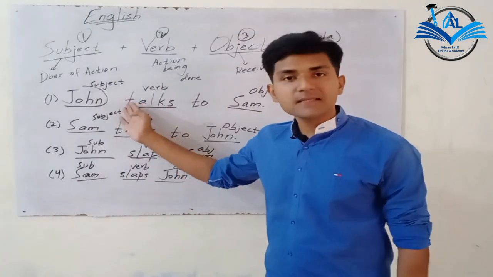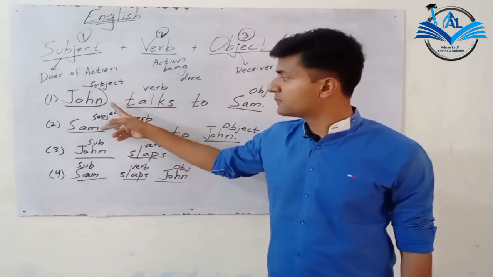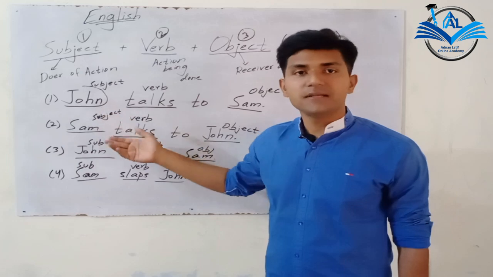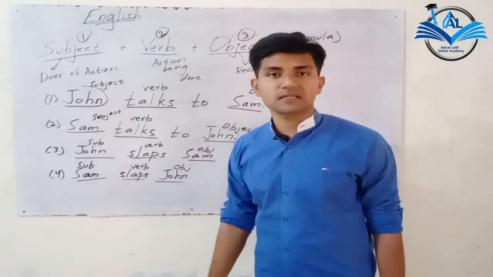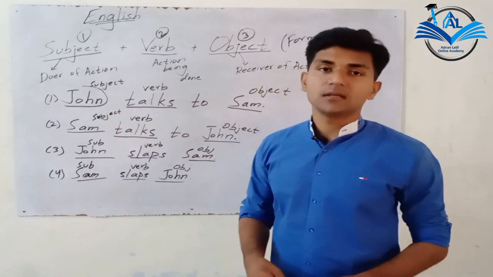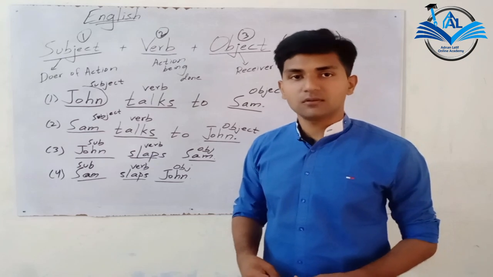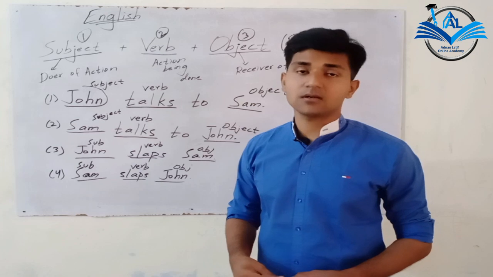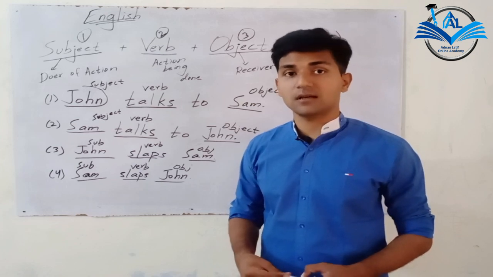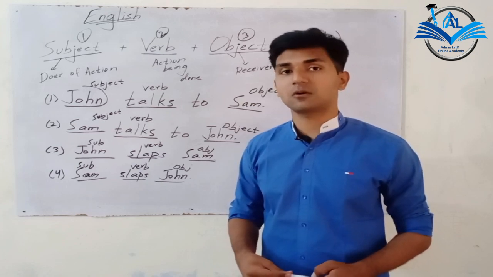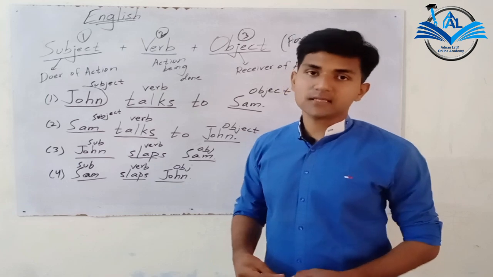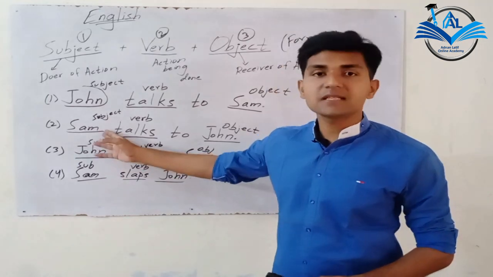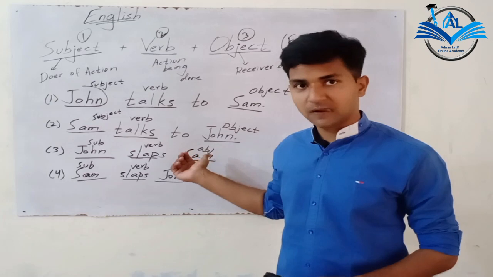So what is the difference between these two sentences? It is a very clear and easy difference that in the very first sentence, John is subject and Sam is object because in the first sentence John is talking and Sam is silent and he is being talked to by John, and in the second sentence Sam is subject and John is object.